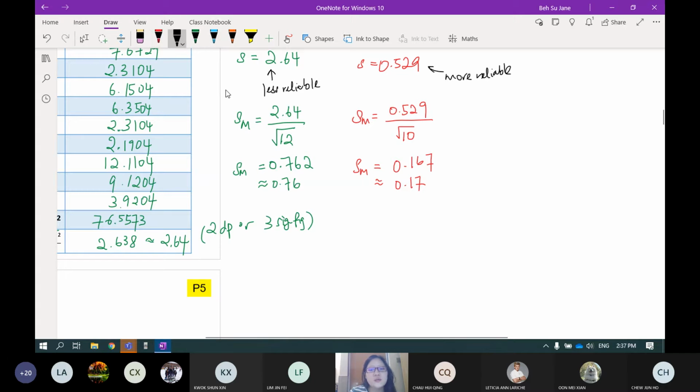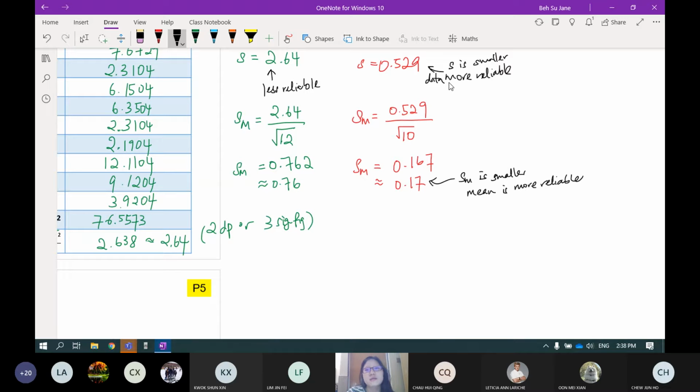Okay, and what can we say again? We can say again that this standard error is smaller, SM is smaller, and therefore mean is more reliable. In the standard deviation, we're talking about the entire data set, but in standard error, we're only talking about the mean, not the entire data set.